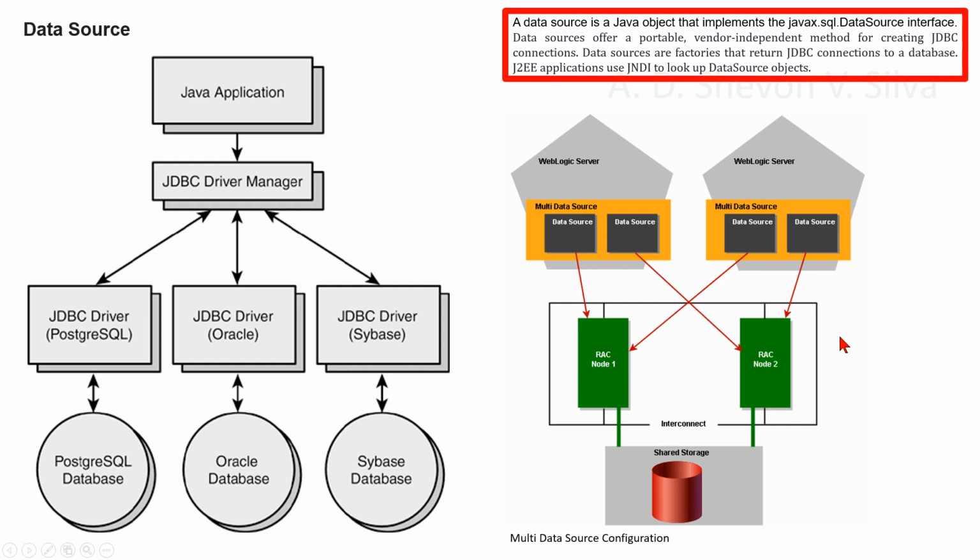To use a database connection in this configuration, your application looks up one multi-data source on the JNDI tree and then requests a connection. The multi-data source determines which generic data source to use to satisfy the connection request based on the algorithm type specified in the configuration. That is failover or load balancing.